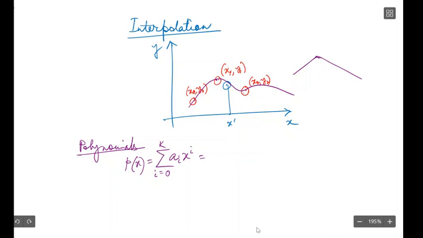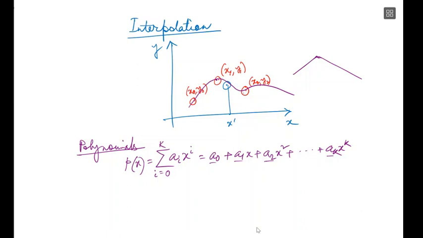That is, it is a linear combination of different powers of x: x, x square, x cube, up to x to the power k, and the constant is x to the power 0, that is 1, and these are the coefficients when we take the linear combination.